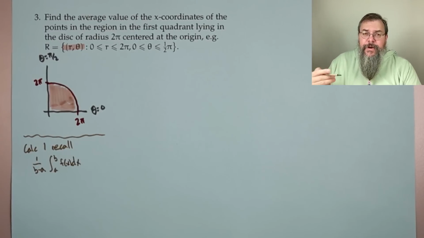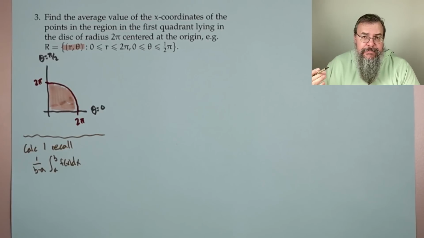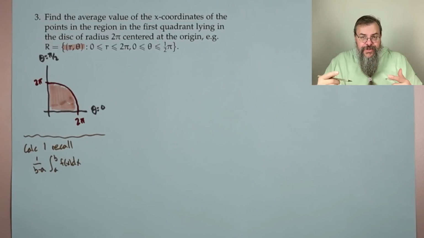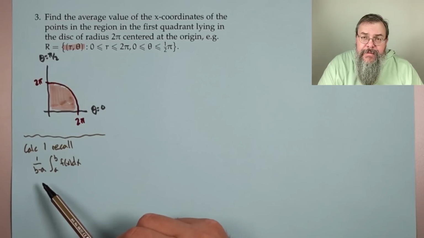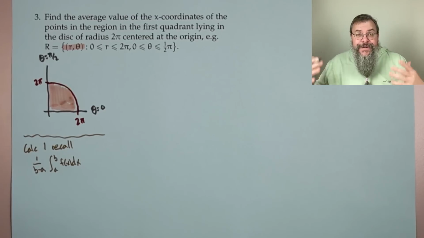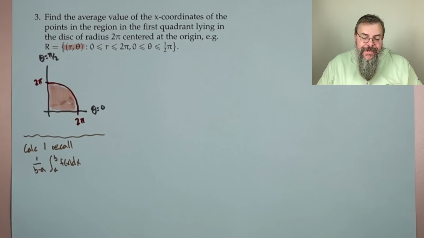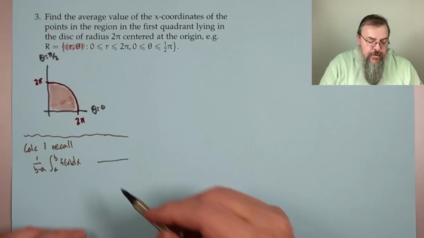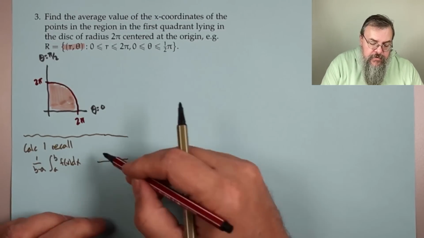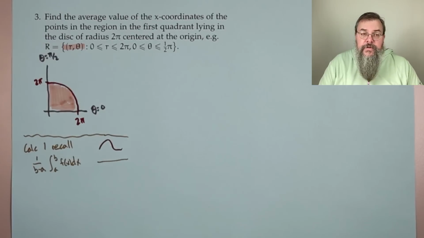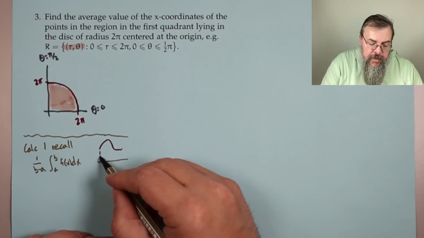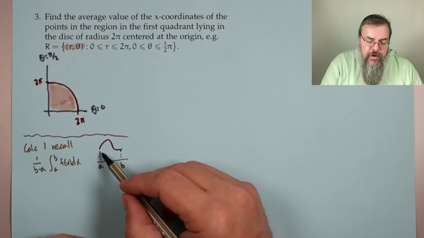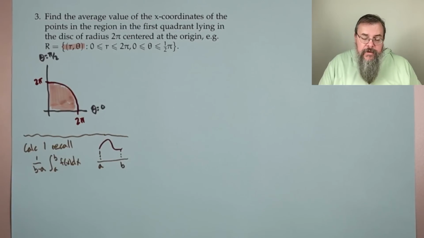Okay, that makes sense. If I want to find an average of something, I need to add things up. But then you have to divide. So we have this term, b minus a. Why are we dividing by b minus a? Where is that coming from? Well, picture-wise, we have our curve doing whatever curves do, and we have our point a and our point b, and we're trying to find the average value of the function.